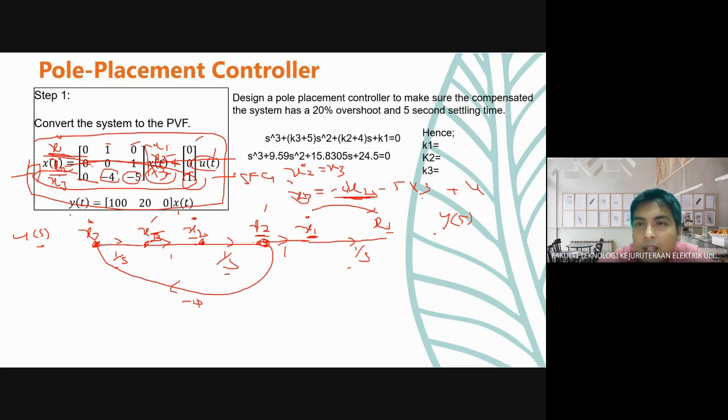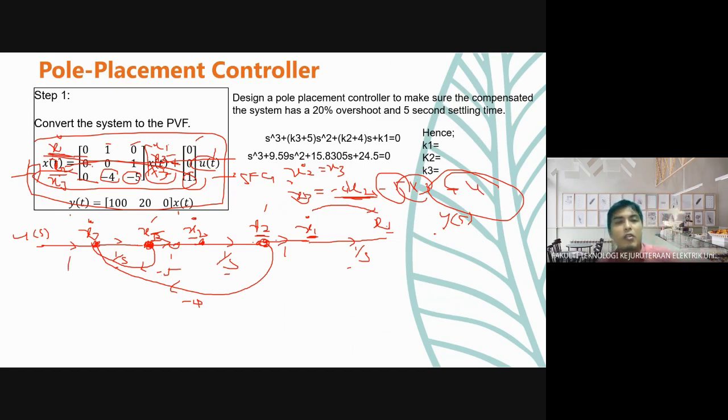And then negative 5 multiplied by x3, this is the location of your x3, so negative 5 x3. And after that, plus u, which means 1 multiplied by u.